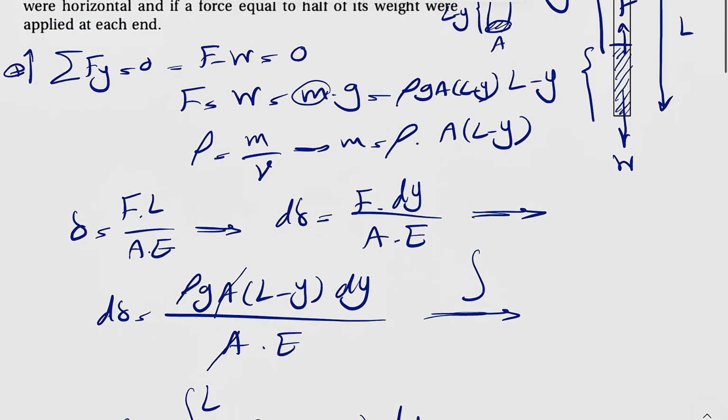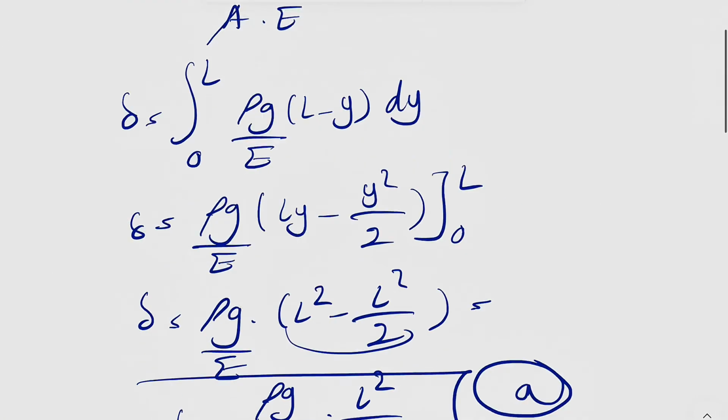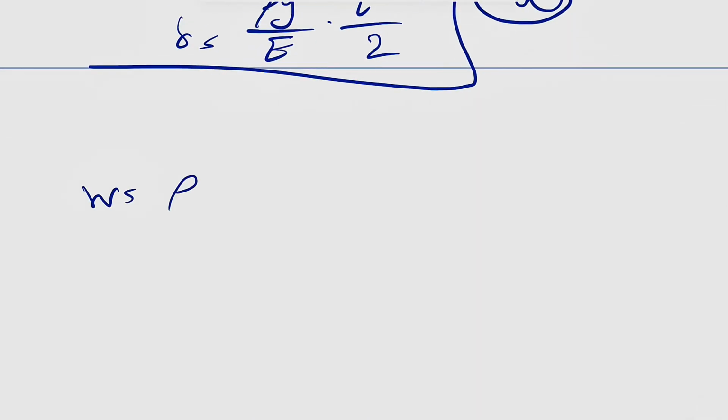In the B part of the question, we had two conditions where the cable is horizontal, and also we have half of the force applied on each side. This time our weight would be rho g A times L, and we have our formula for elongation, which was FL over AE.